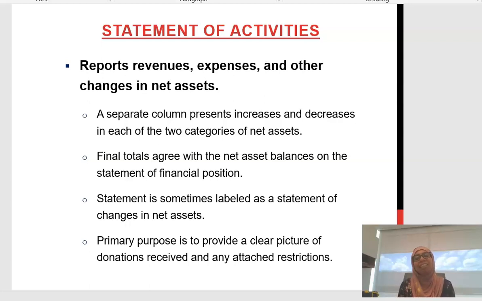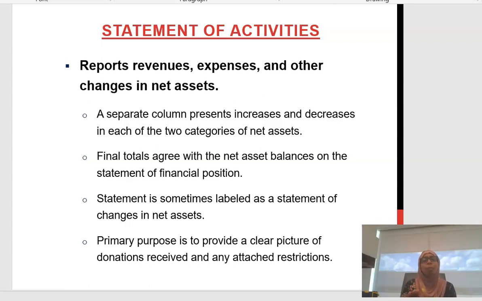One is net assets without donor restrictions, and another is net assets with donor restrictions. And these total changes will also be equal to what we will show on our statement of financial position.